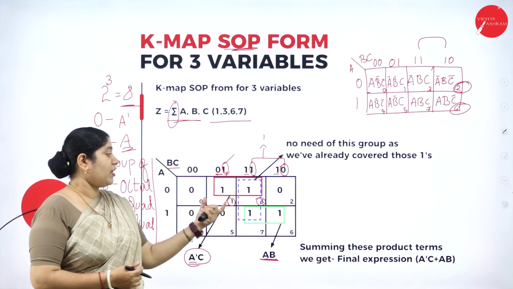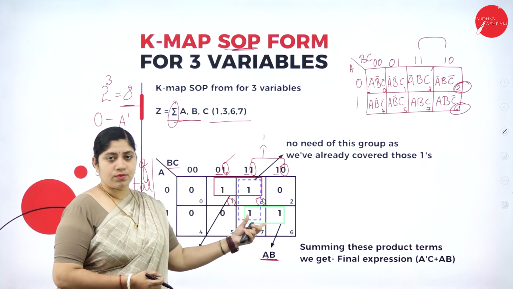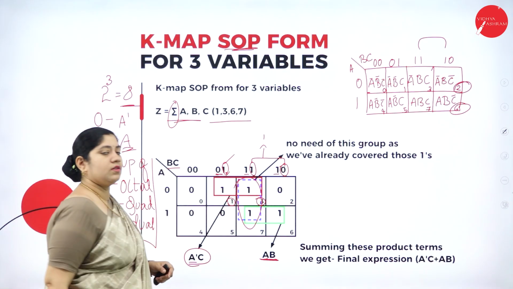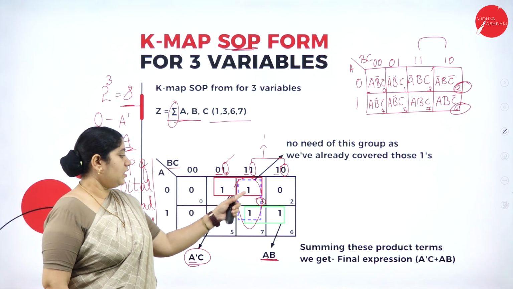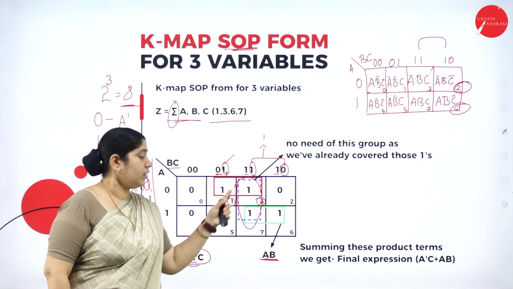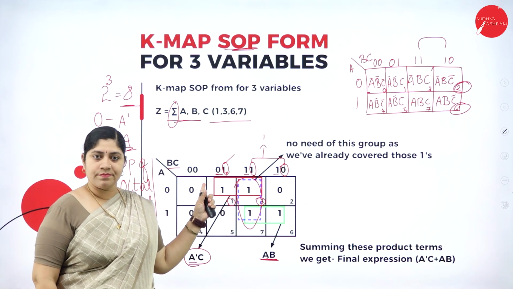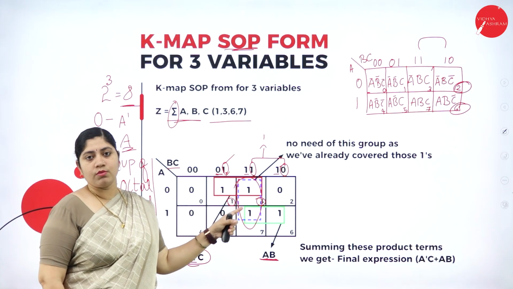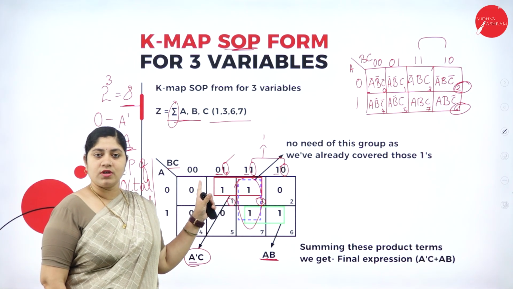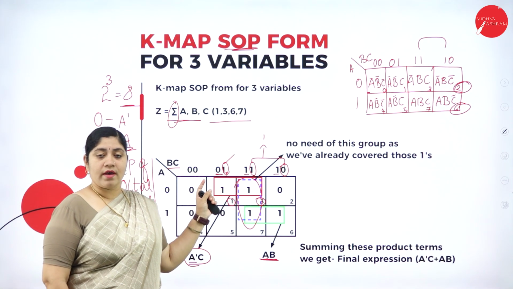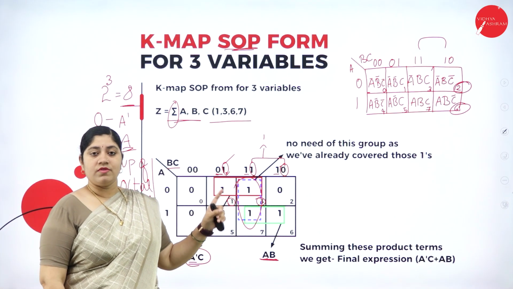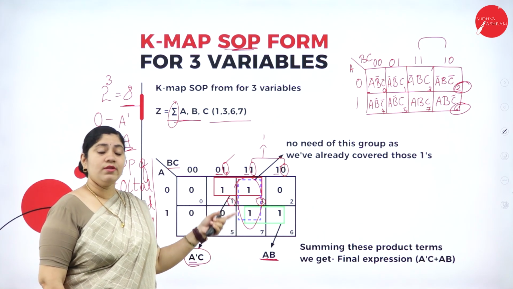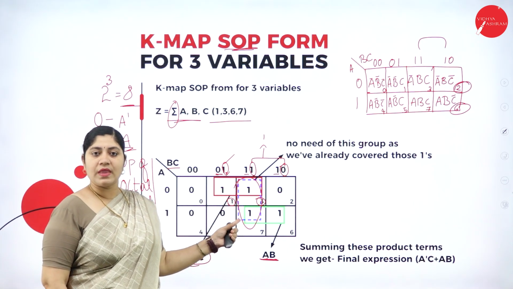Up next, here we can observe we have one dual done. Next, we can construct one more dual here. But as you can see, these ones are already grouped with one of their pairs, right? So there is no need to group one more time because it's already been grouped, correct? Only when you have a single one which is not grouped with any of the neighboring blocks can you go forward and form a group of those values.